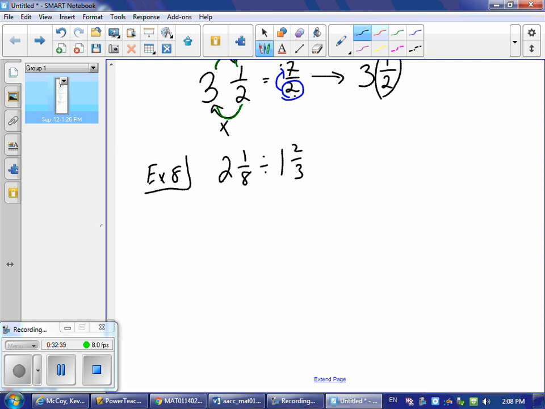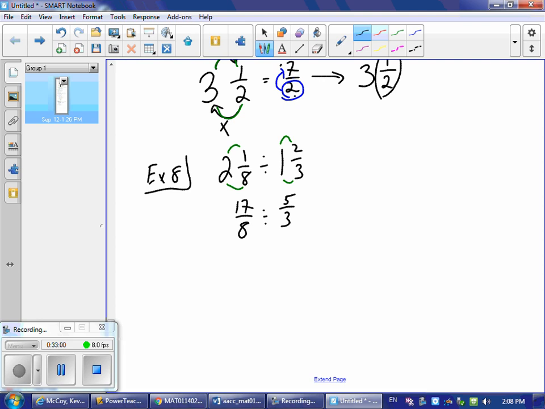So again, 8 times 2 is 16, plus 1 is 17. So 17/8 divided by 3 times 1 is 3, plus 2 is 5, so 5/3.